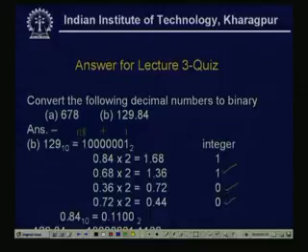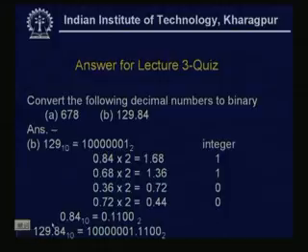So, 0.84 in decimal is 0.1100 in binary. So, the number 129.84 in decimal is converted to the binary number 10000001.1100, and this is approximated.